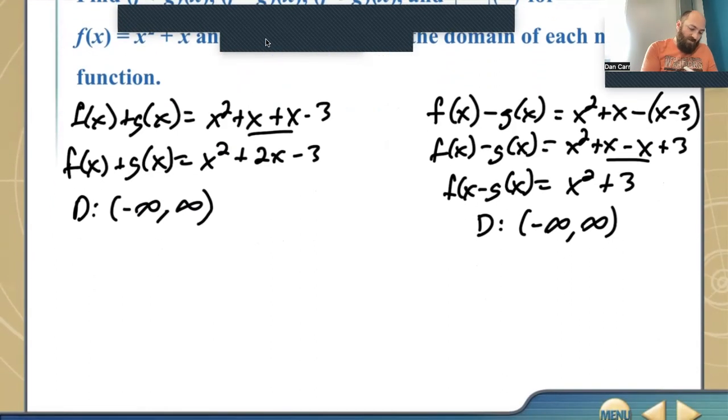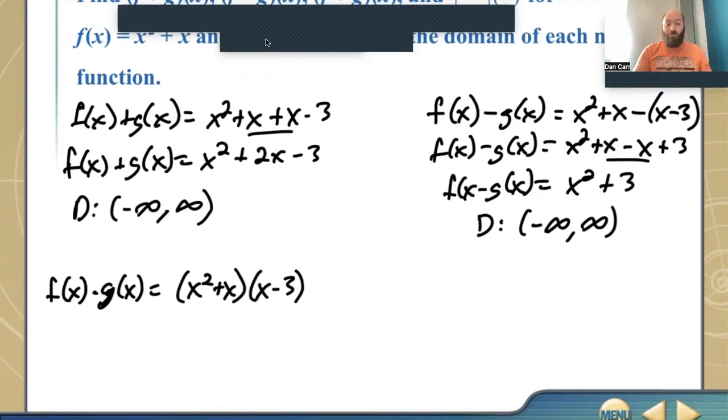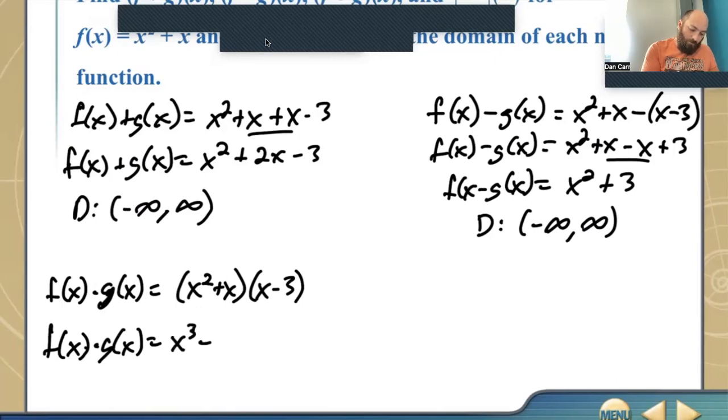All right, so f times g of x. So we're going to multiply our two functions together. Okay, so that is going to be, and since I'm multiplying, I'm going to leave it like this, x squared plus x multiplied by x minus 3, which means we need to distribute. So the multiplication of these two, if I distribute the x squared, that's going to be x to the third minus 3x squared. Then the x here is going to distribute, so I get plus x squared.